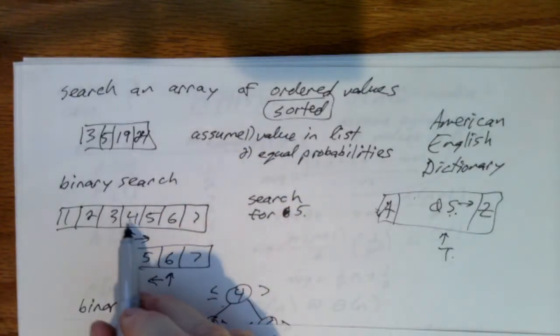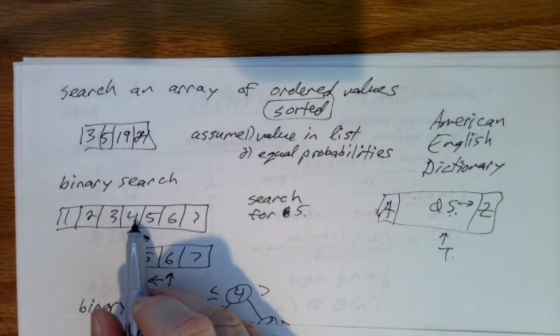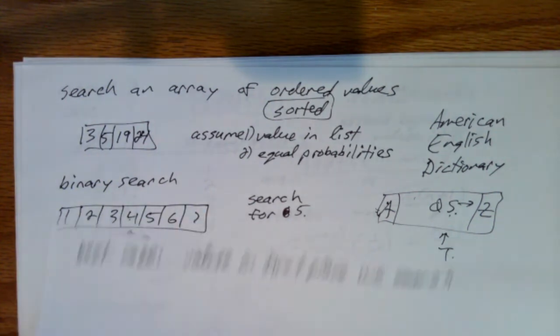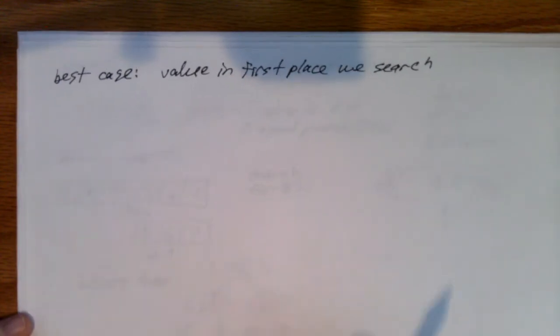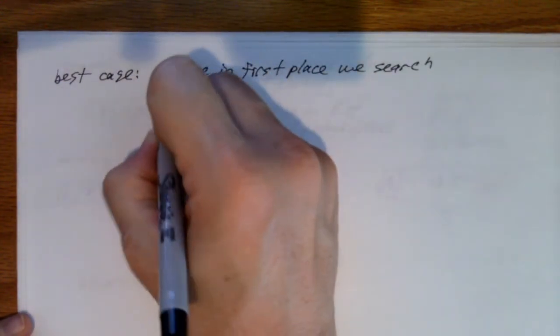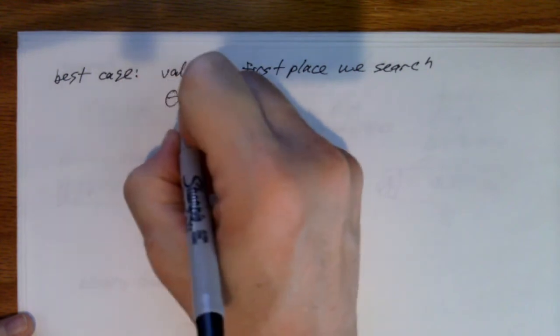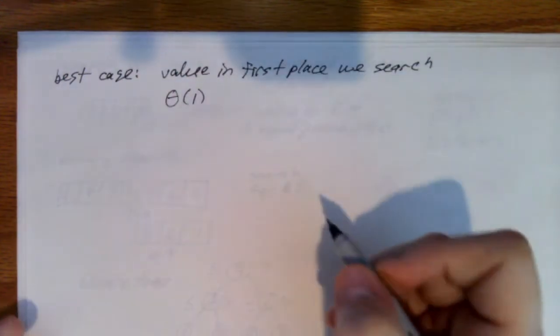In the example I just showed you, if we're looking for 4, 4 would be the value. We would find it the first time and we stop. Okay, so in this case, we have big O or theta of 1.